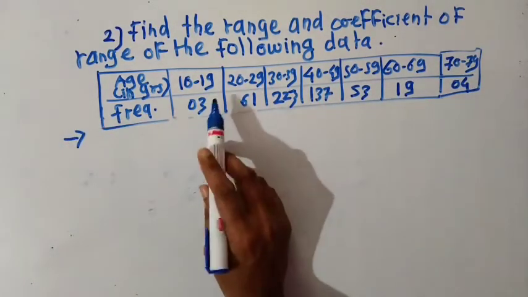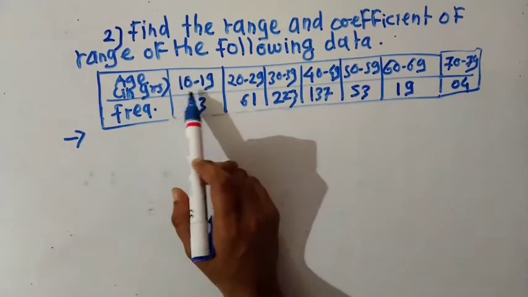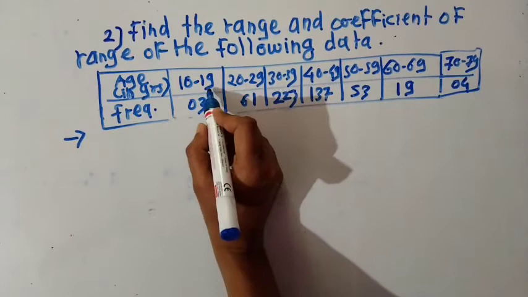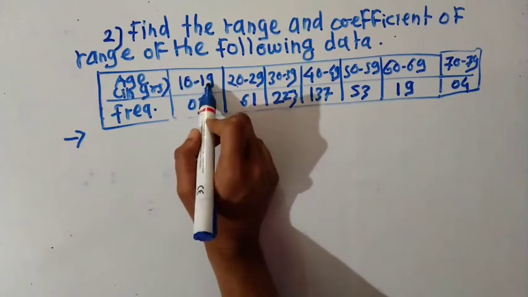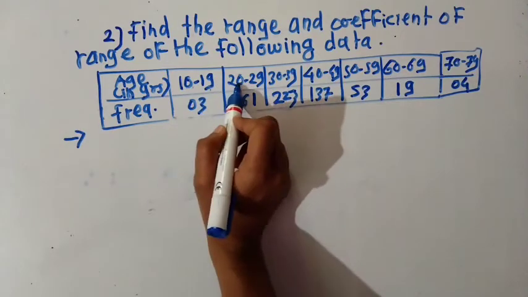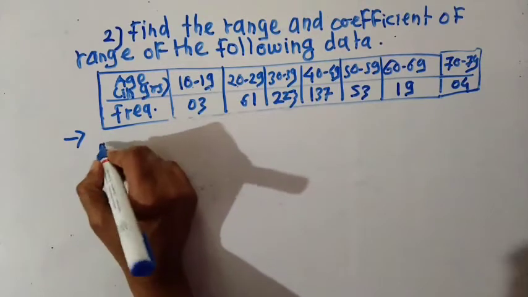Here first we find out whether these data are continuous or not. This value and this value are different. Suppose if it were 10 to 20, 20 to 30, then this data would have been continuous. असं असतं तर हा डाटा कंटिन्युअस झाला असता.